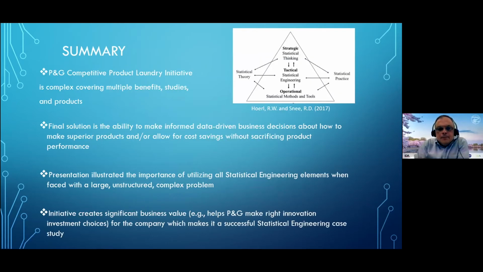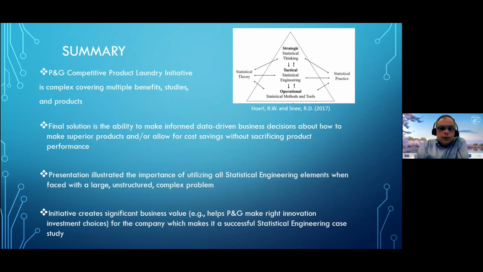This is my last slide, my summary slide. The P&G Competitive Product Laundry Initiative is complex. It covers multiple benefit studies and products. We cover more than, I think right now, more than 1,000 products over 5-6 years. The bottom line is it provides us with informed, data-driven business decisions.